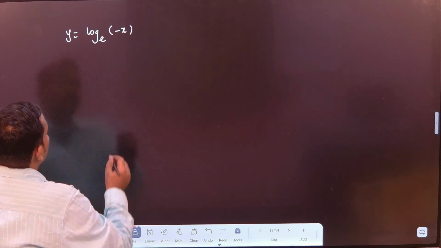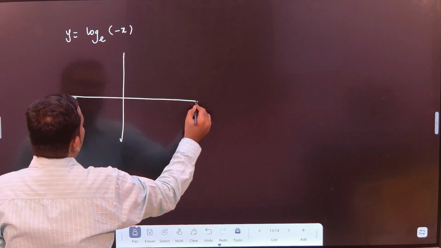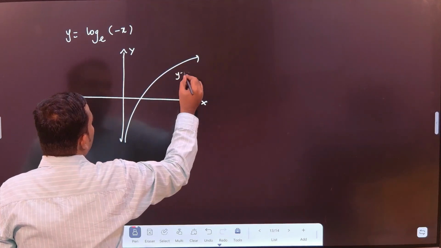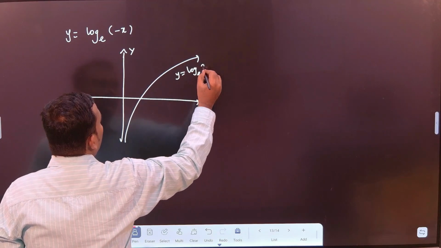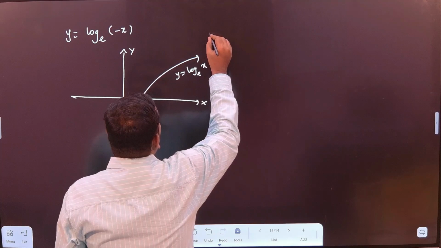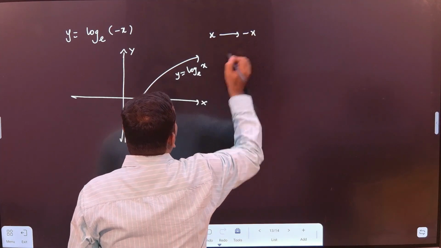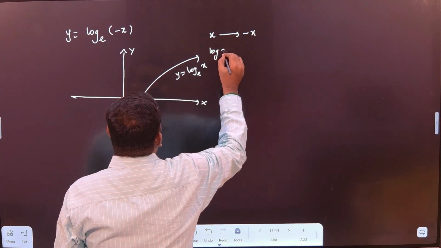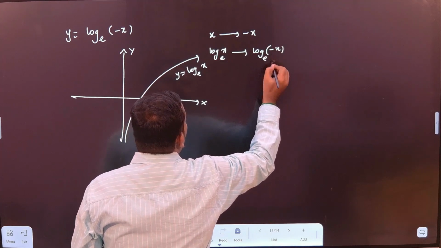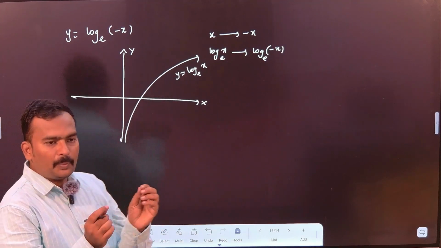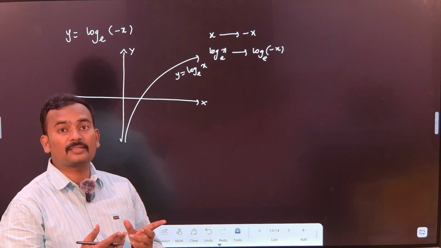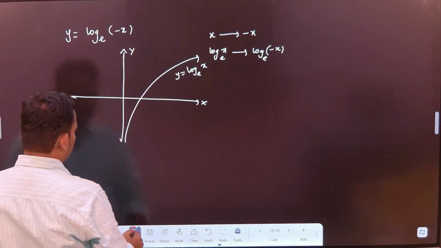You can see the very simple graph. So this is the x-axis, this is your y-axis. You know, this is your y is equal to log x base e graph. You can see what is the transformation here. We already discussed this. X changes to minus x, right? That means log x base e changes to log minus x base e, right? When input changes to minus x, you have to take the y axis as the mirror, right? Y axis the mirror.